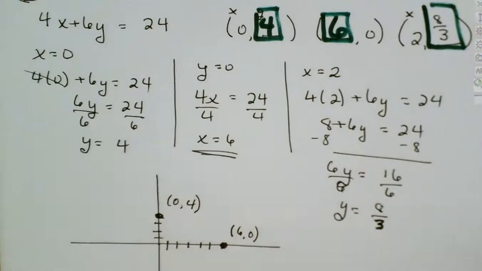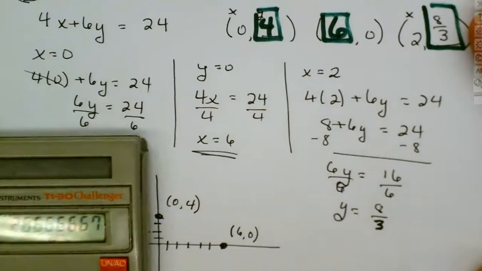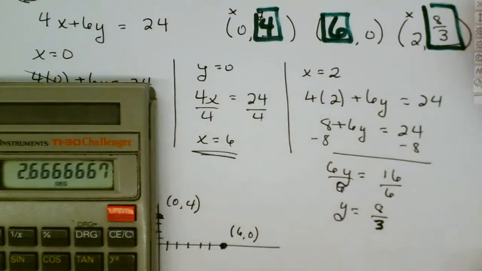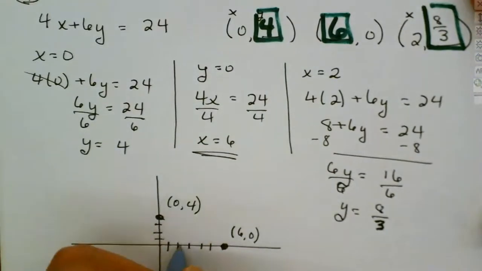And where's our last point at? Okay, 8 thirds. What's 8 thirds? Well, 8 thirds as a decimal is 2.6 repeating, so it's at about 3. So we're going to look at that point that's over 2 and up about 3. So it looks like it's right about there.